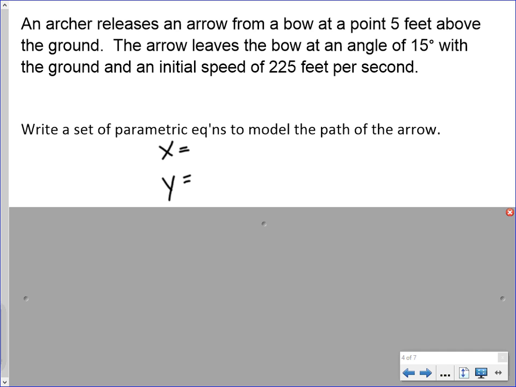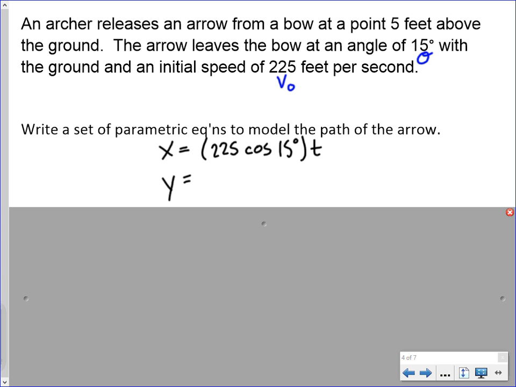And we're just going to plug into those parametric equations that we had on the previous slide. So x is equal to v sub 0 times cosine theta. What is my v sub 0? The 225 feet per second. And what is my theta? 15 degrees. So we're going to say x equals 225 times the cosine of 15 degrees times t.